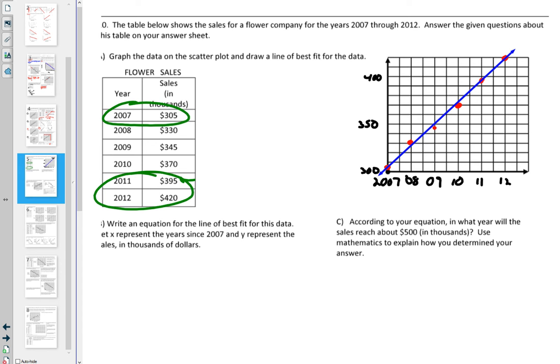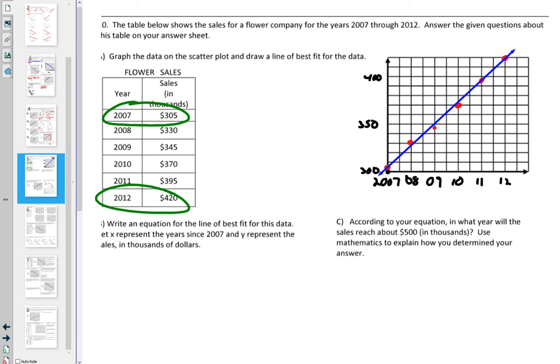Let x represent the years since 2007. Since we're starting at 2007, and that's going to be the y-intercept, I'm definitely going to use 305. And then let's go with the first and the last.